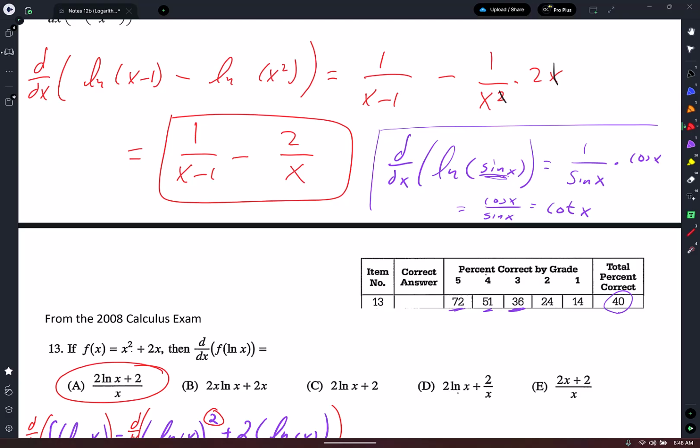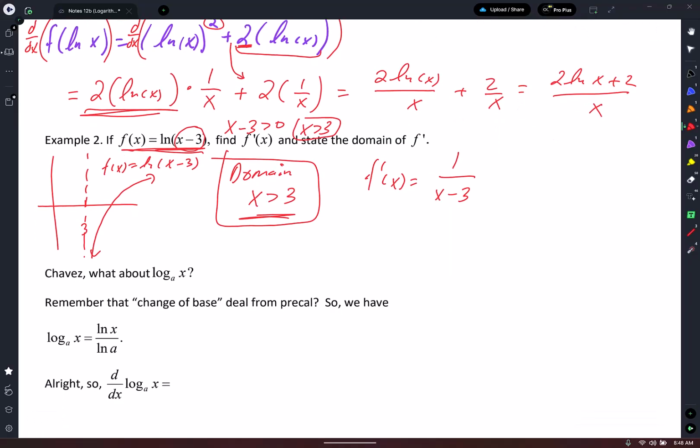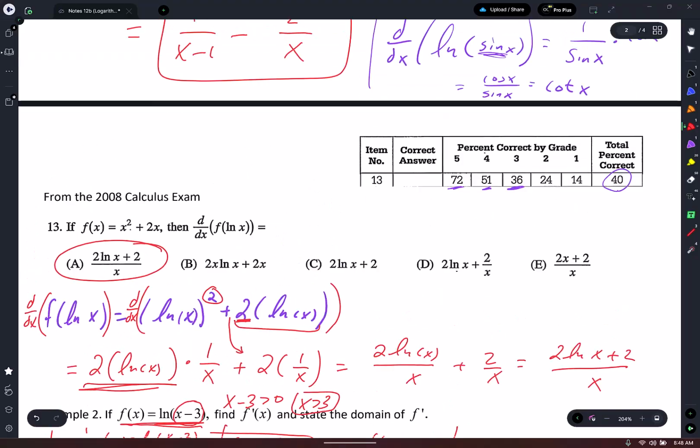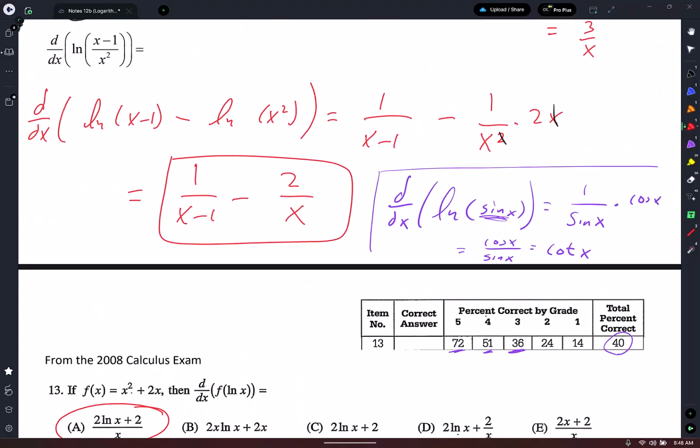If we had negative sine x in there, it doesn't matter. Remember that sine x goes between -1 and 1, so we'd probably have to put a restriction like absolute value of sine x. We're just talking strictly about where sine x is greater than 0. Probably something like that. And then, of course, that means cosine x. We're also just talking about the positive values.